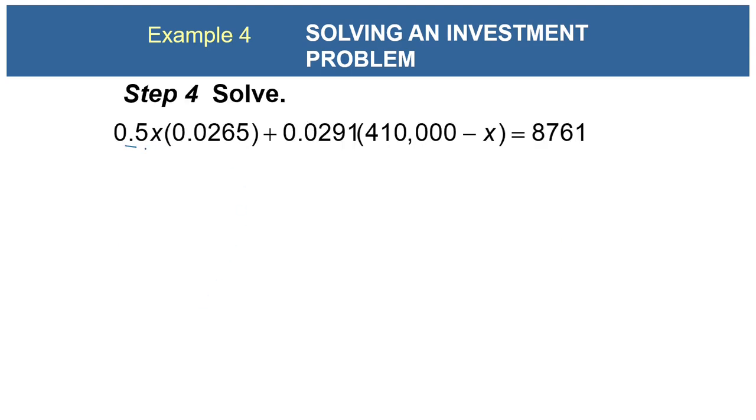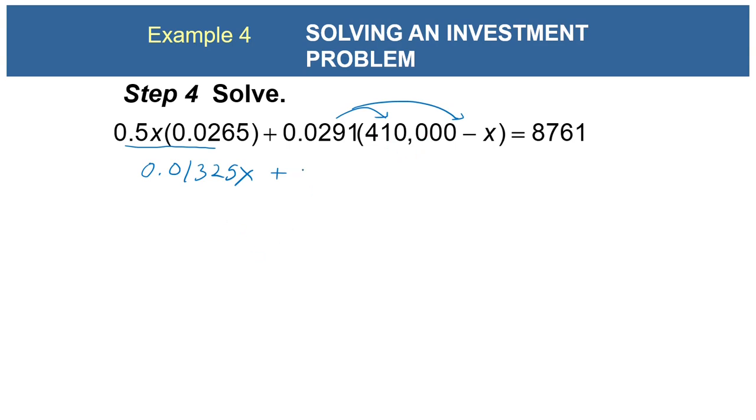So let's start by multiplying things out and distributing. We have 0.5 times 0.0265 is equivalent to 0.01325x. And now we're going to multiply this out.